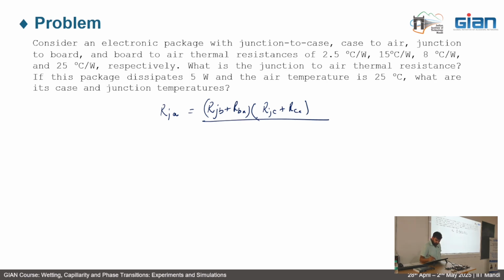So 2.5 plus 15 is 17.5, 8 plus 25 is 33, and the sum is 50.5 degrees Celsius per watt, and this comes out to be 11.4 degrees C per watt, right? So the total resistance to the heat flow is 11.4 degrees Celsius per watt.